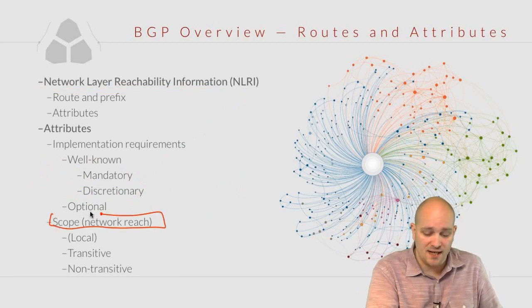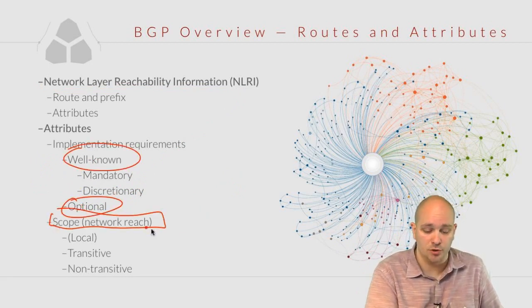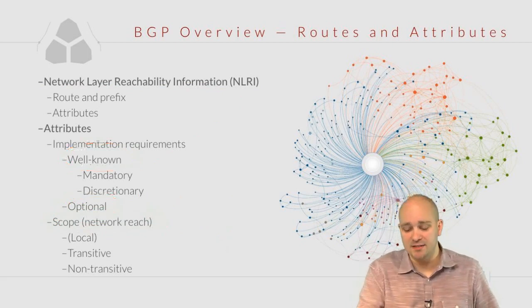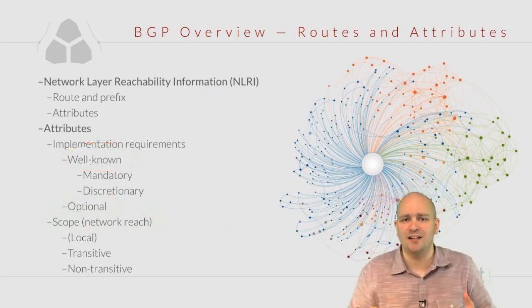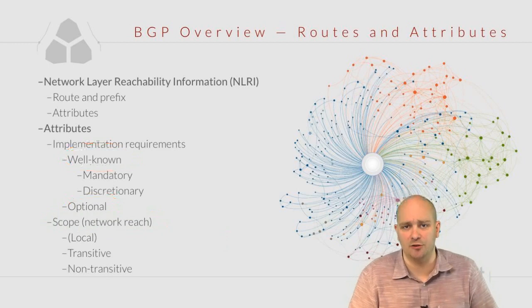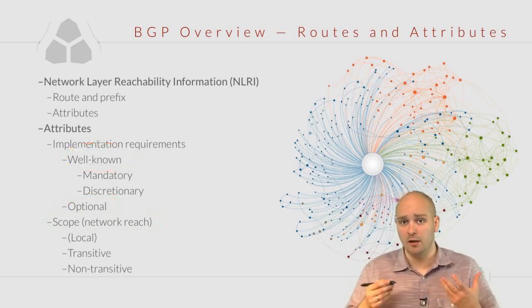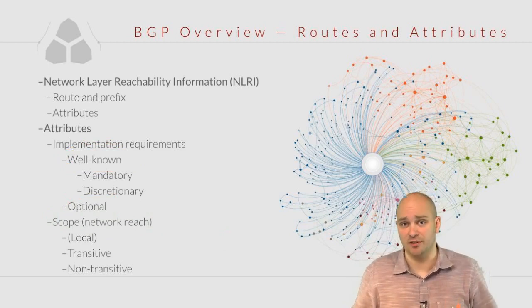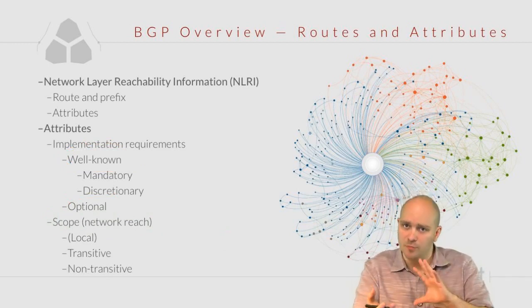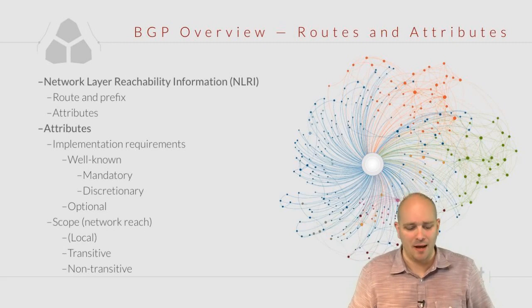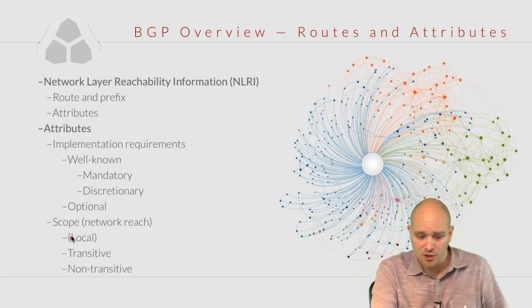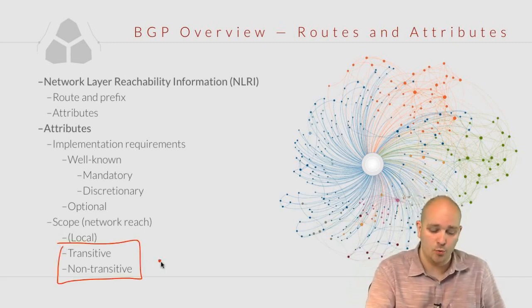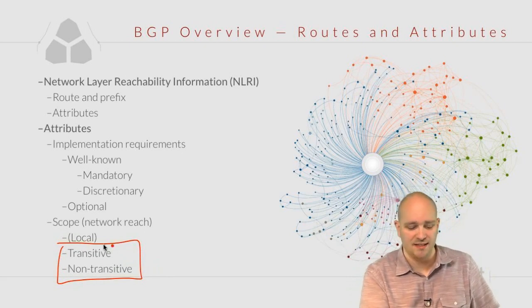Furthermore, all of these attributes, well-known or optional, are divided based on their scope or network reach, how far in the network this attribute will go without being implicitly filtered out. Some attributes cannot go across certain boundaries. Officially speaking, there are two types, transitive and non-transitive.